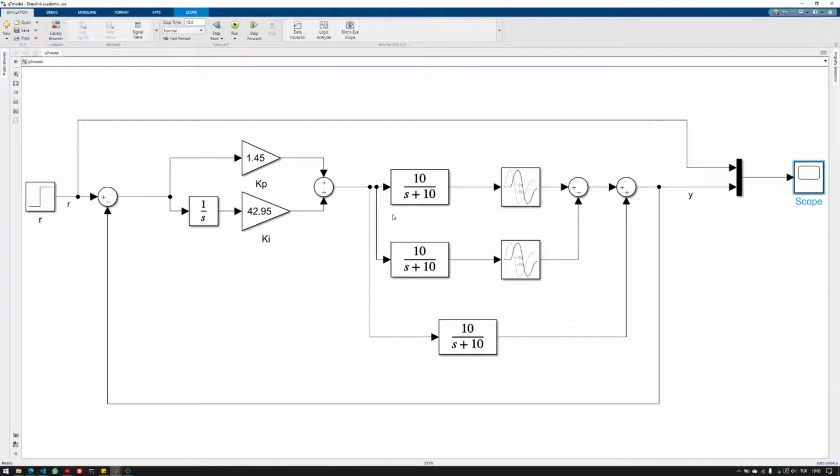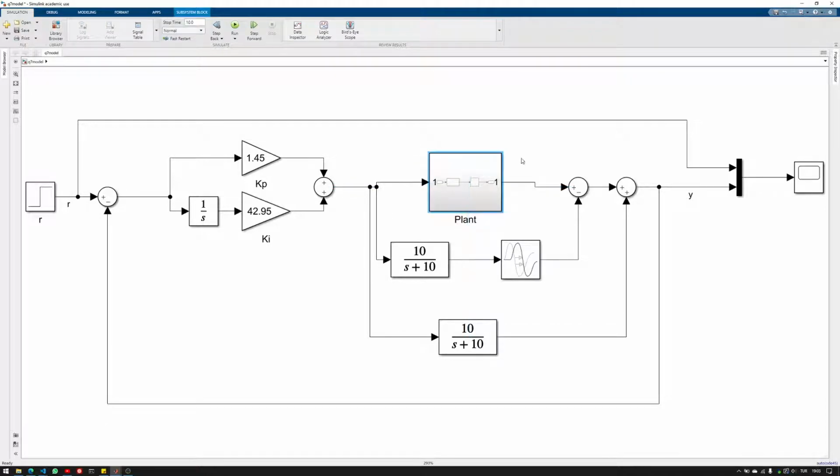So now remember this part here, and I will create a subsystem so we don't see it anymore. And let's resize this and call this plant. So this is real life.